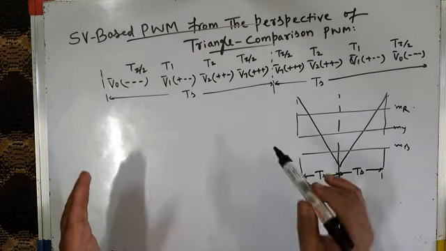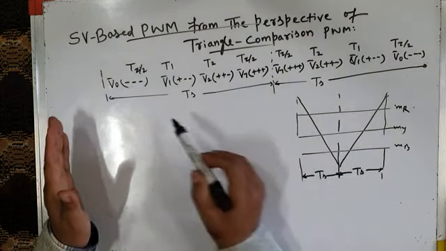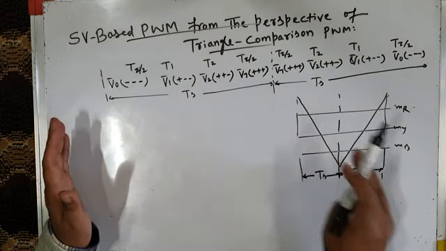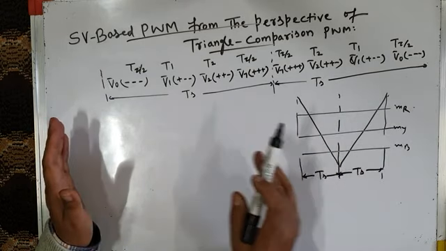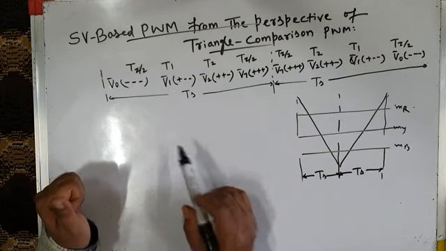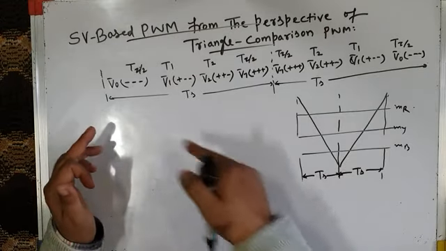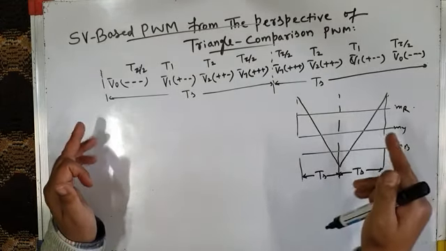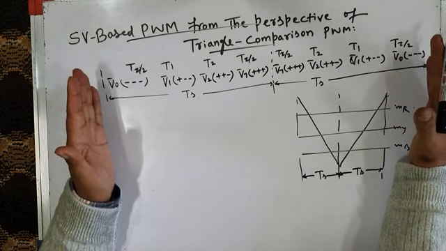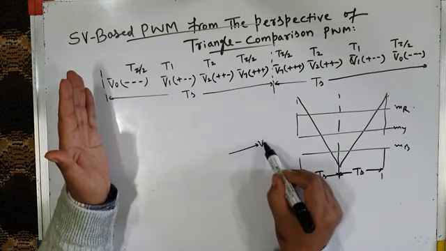This is sine triangle comparison PWM. But the same switching sequences are generated if you use the space vector based approach, in two subcycles ts and ts. This is one sample time, and during it the inverter generates the reference vector vref.